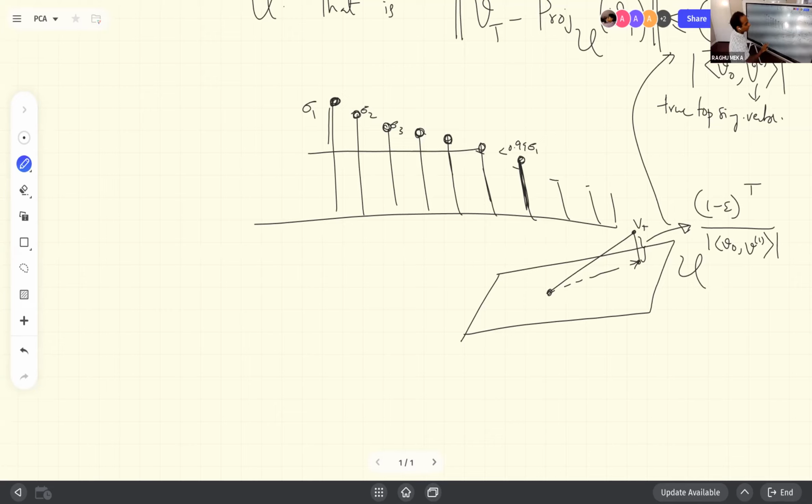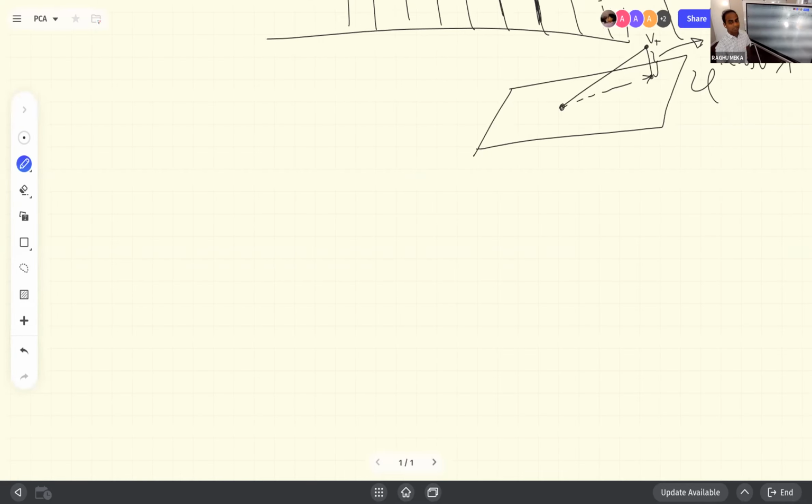Okay, so that's the most general statement that you can say about power iteration. Let's look at a special case.